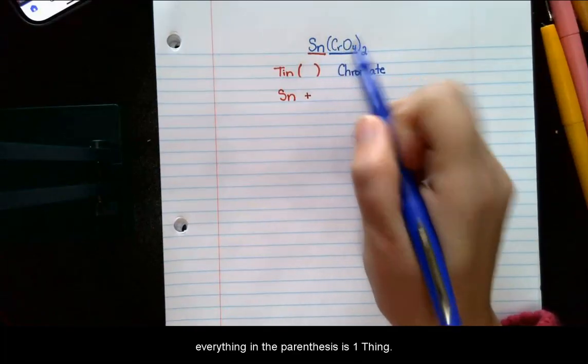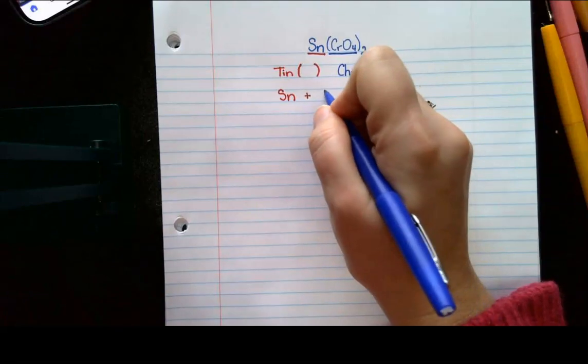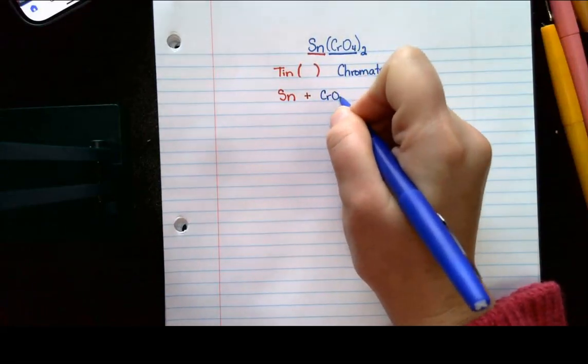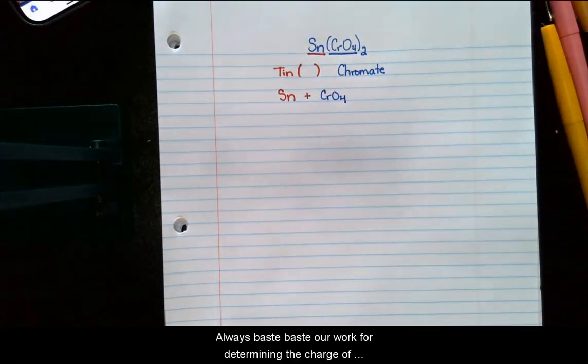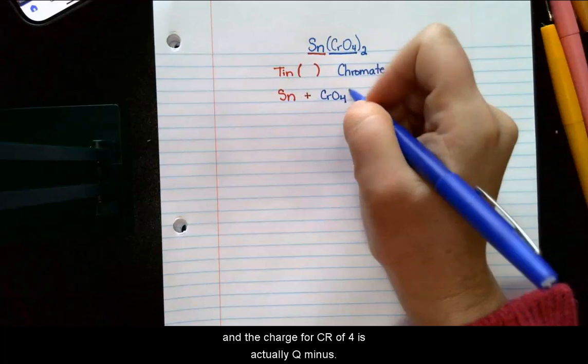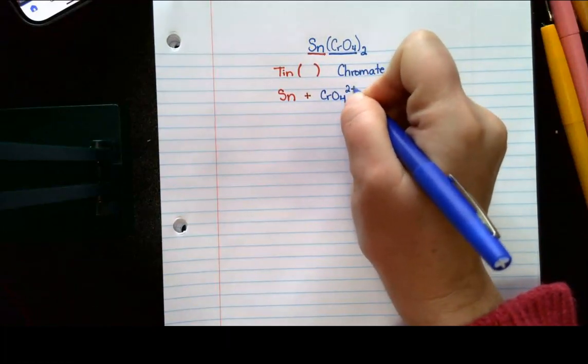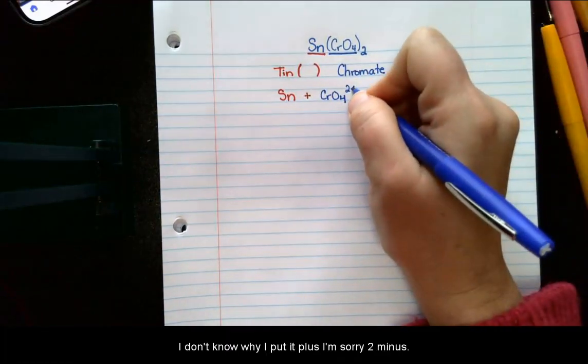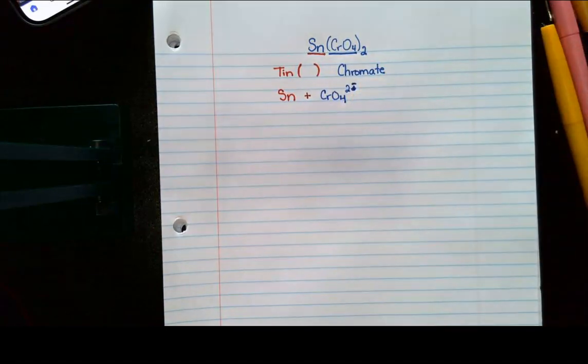Everything in the parentheses is one thing. We always base our work for determining the charge of a transition metal on the anion or the polyatomic anion. And the charge for CrO4 is actually 2 minus. Sorry, I put a plus, it's 2 minus.